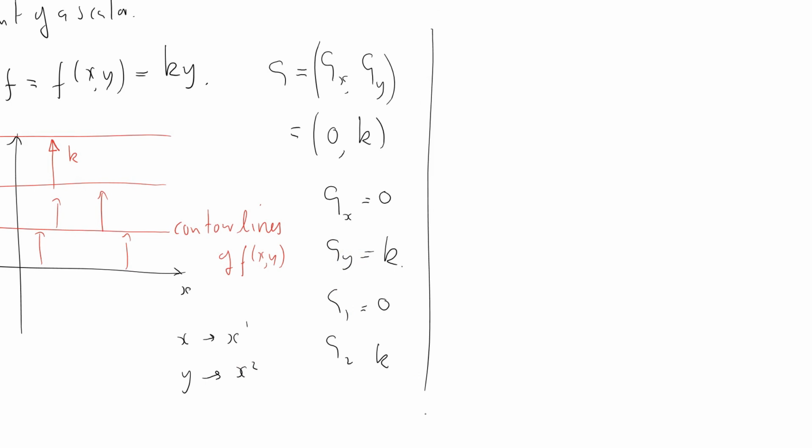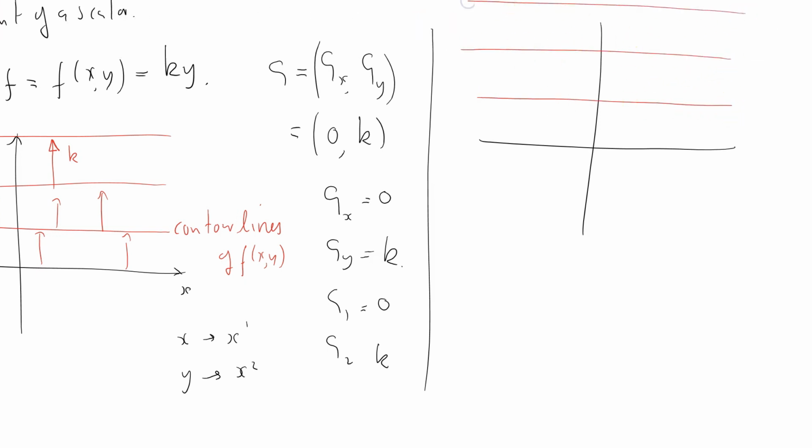Okay, so we're going to transform these things according to the covariant system. So what I'm going to do is draw it for a start. Here we are, and we've got lines of equal f, so that's k, 2k, 3k, that goes up there like that.